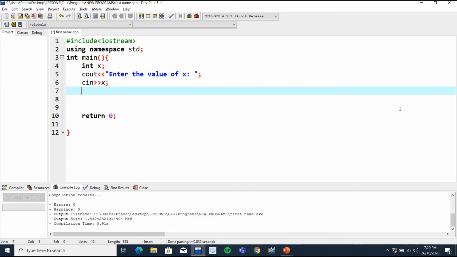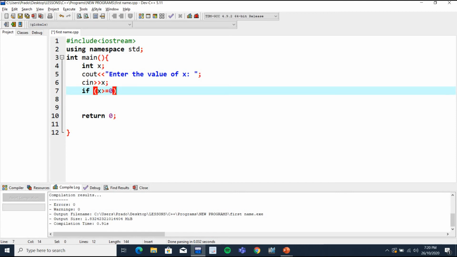So, ilalagay natin if, and then, after po ng if, sa loob po ng parenthesis yung condition na gusto natin. So, if x is greater than or equal to 0, so, ibig sabihin, lahat ng mas mataas sa 0 at kung ang number is equals to 0, ibig sabihin, positive siya.